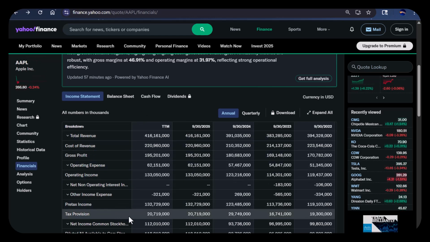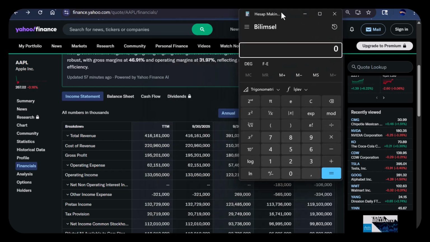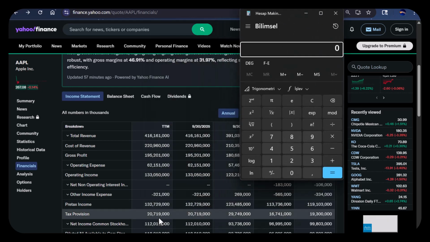I'm just going to calculate it off camera. Tax provision 20. So they're paying $200 billion in taxes. What is going on? I don't remember putting it.